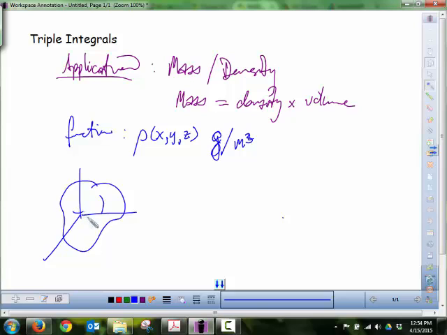Let's give it some curves to make it look 3-dimensional. So this is a solid, and each point of the solid has a certain density that may change as you move around to different points of that solid.